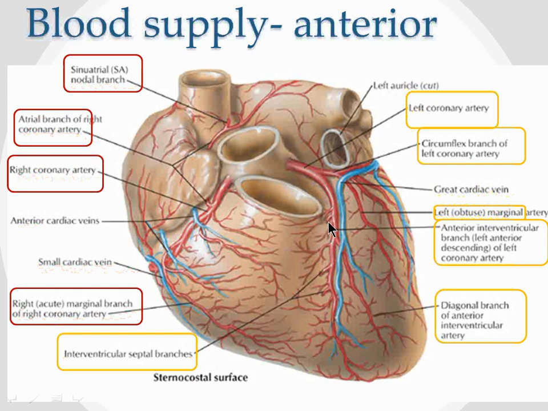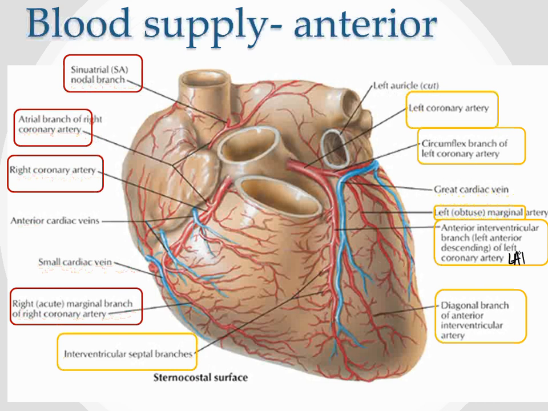Let's look at the left coronary artery on the anterior aspect. So it arises as a short stem, and you can see the stem here from the ascending aorta. It immediately divides into two major branches. One which lies anteriorly is known as the anterior interventricular artery, because it's lying in the interventricular sulcus, or it's often also called LAD, for left anterior descending.